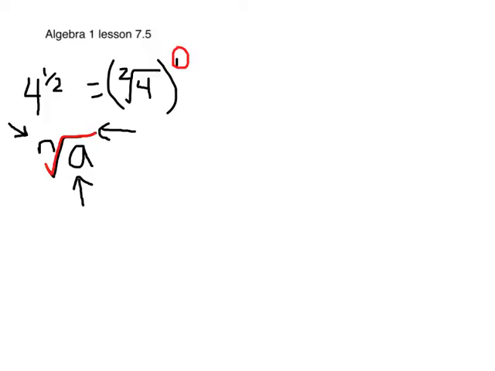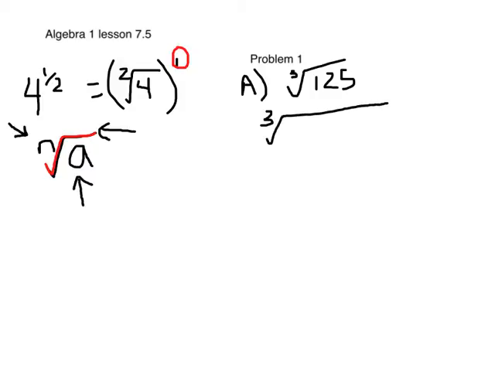Alright, so go to problem 1. Problem 1 asks us for the third root of 125. All that's asking us is what times itself 3 times is 125. Another way that we could look at 125 is 5 times 5 times 5.